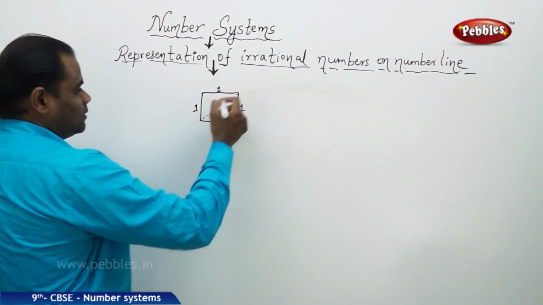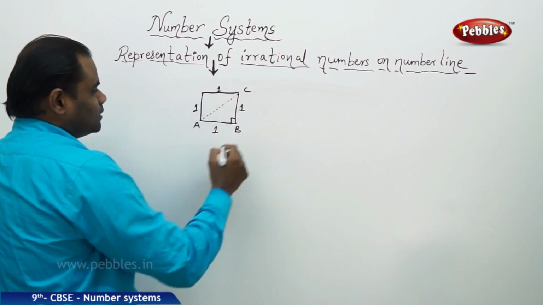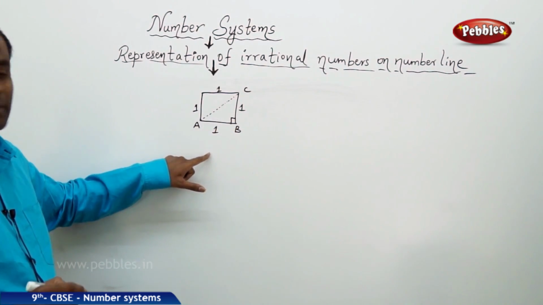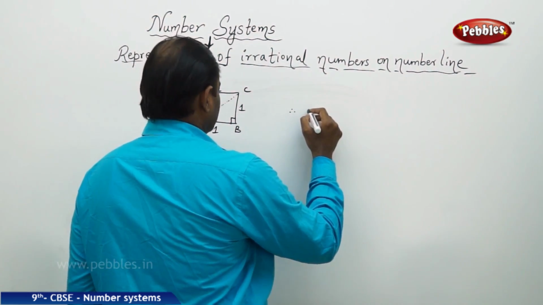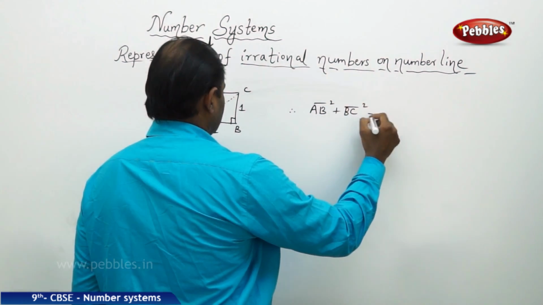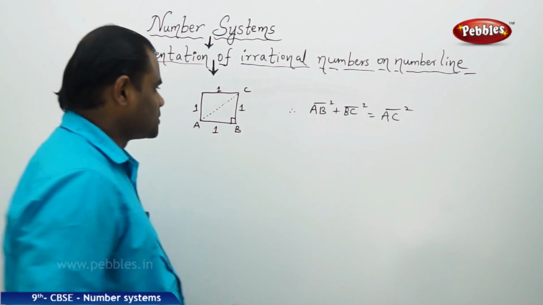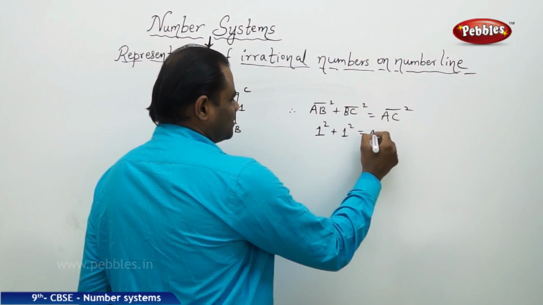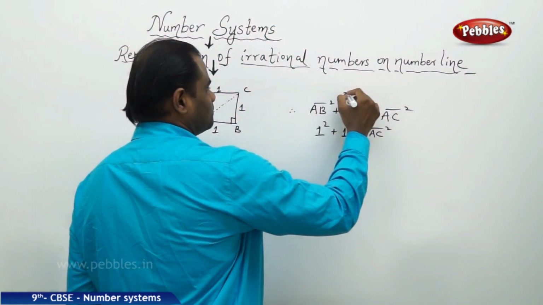Now this being a right angled triangle, let me say this is A, B and C. So ABC forms a right angled triangle, right angled at B, with AB equals 1 unit and BC equals 1 unit. Therefore, by using Pythagoras theorem, I have AB squared plus BC squared equals AC squared, which on substituting the given values gives me 1 squared plus 1 squared equals AC squared.